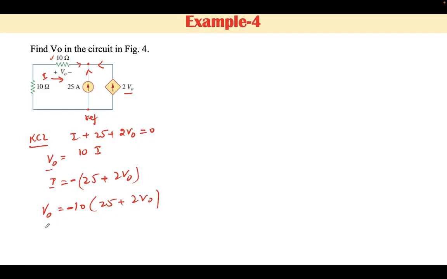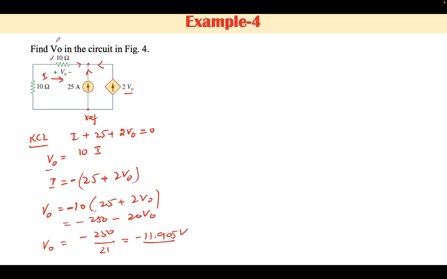Rearranging this equation for V naught, it will be minus 250 minus 20 V naught, and hence V naught will be equal to minus 250 upon 21, which is equal to minus 11.905 volt.